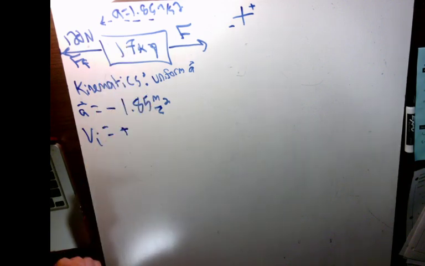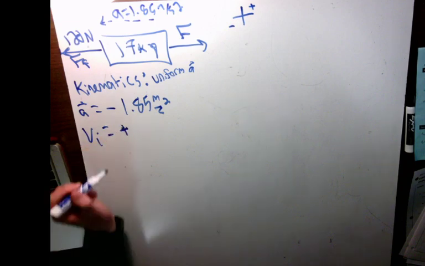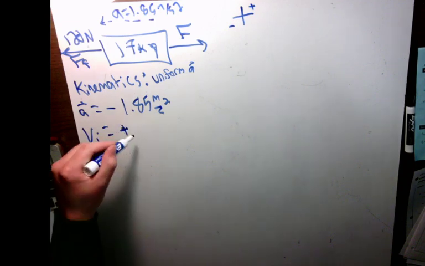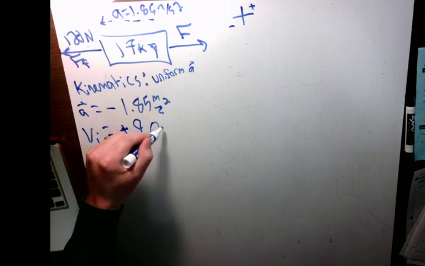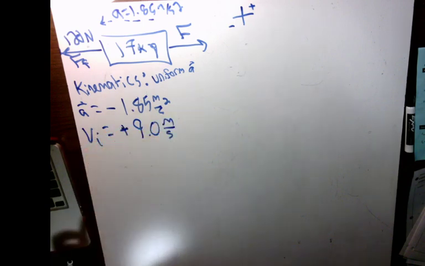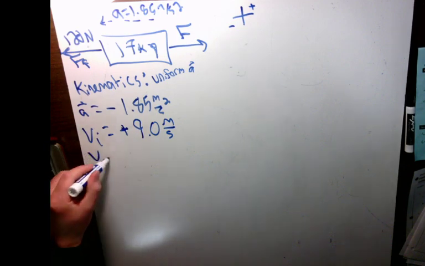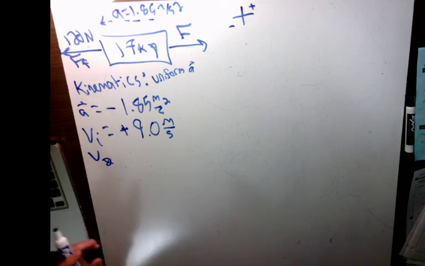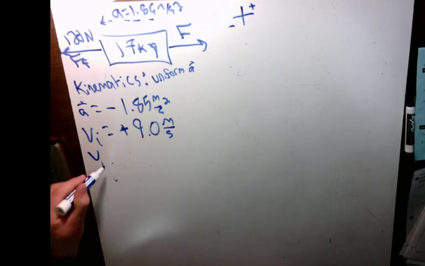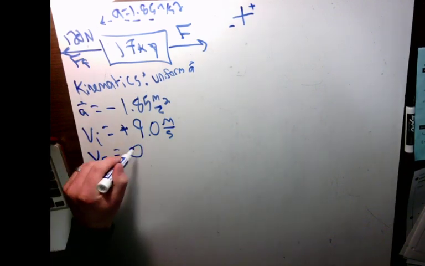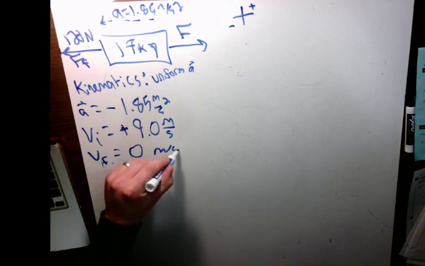That's the only way we can slow down, when our speed and acceleration are opposed to each other. So it's moving at positive 9.00 meters per second to the right. Sorry, that's supposed to be final velocity. It's saying it comes to rest, 0 meters per second.